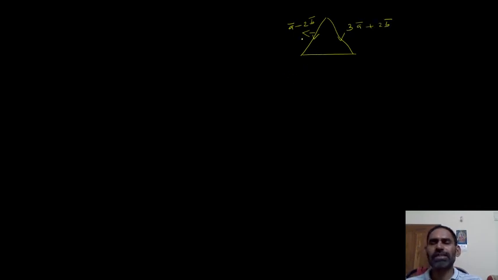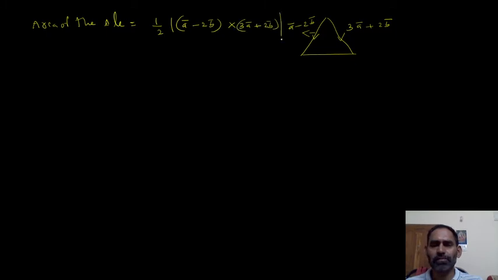When adjacent sides of a triangle are given, the area of the triangle equals half into modulus of a bar cross b bar. Here the first vector is a bar minus 2b bar, cross the second vector 3a bar plus 2b bar.